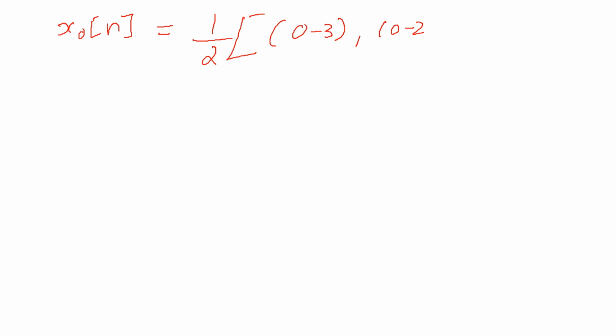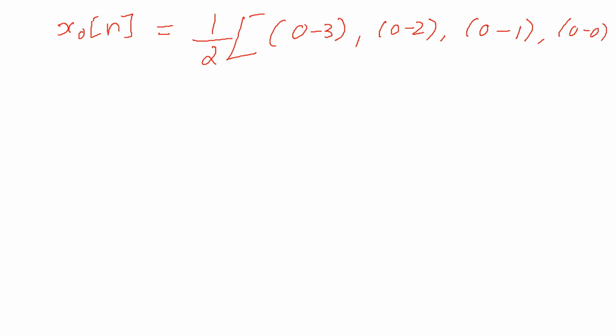So similarly, the odd part can be calculated something like this: half times 0 minus 3. You can do it on your own. If you don't understand, check out the previous slide. Just don't merely copy.